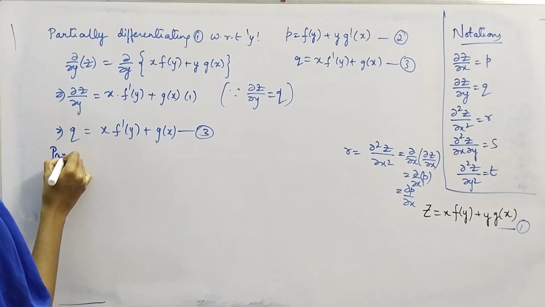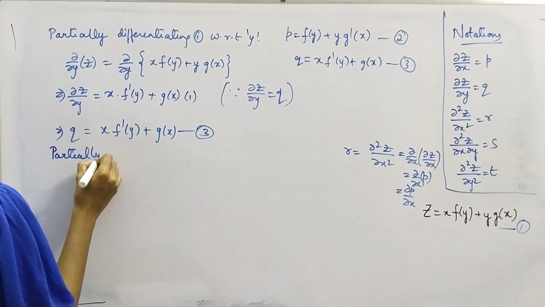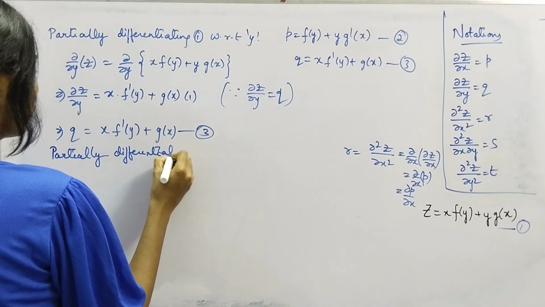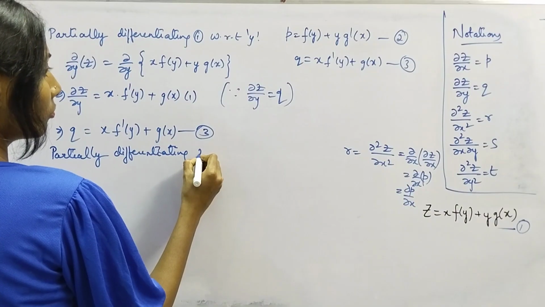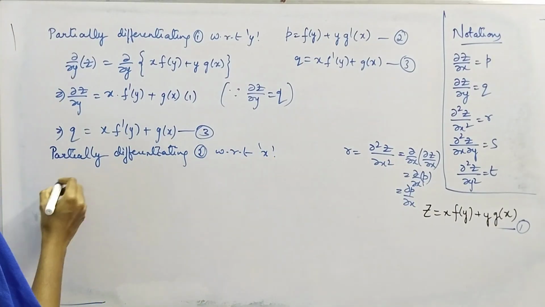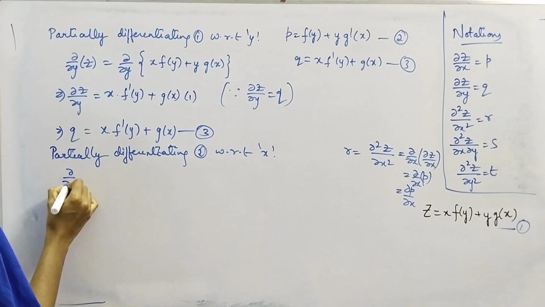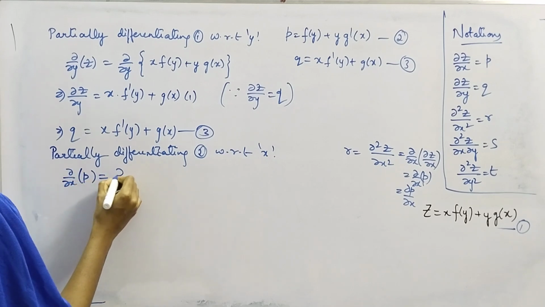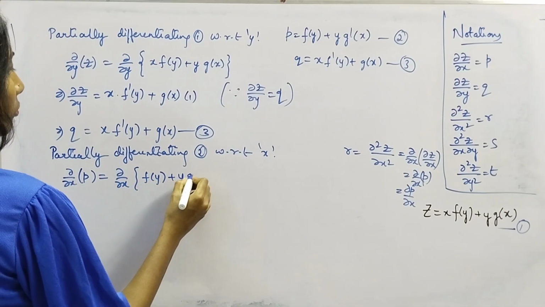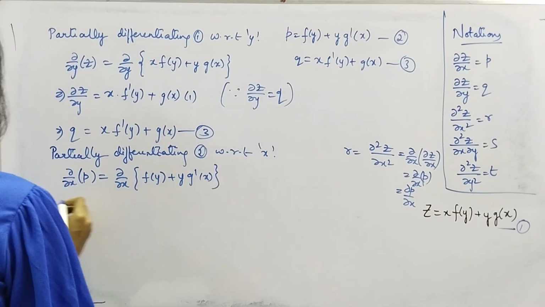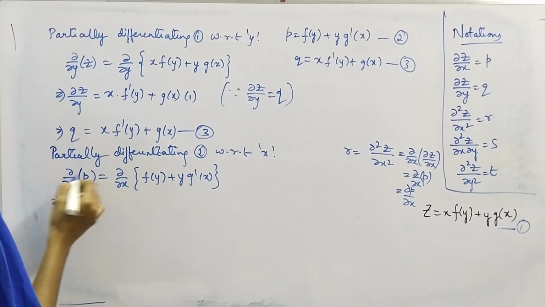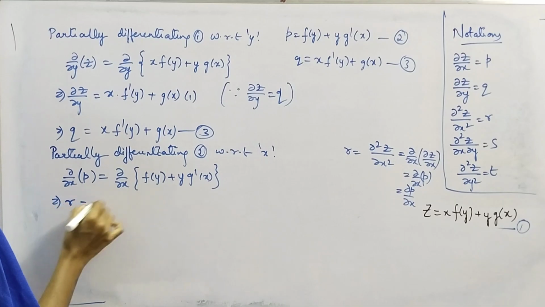Just apply dou by dou x on both sides of 2. Here p is nothing but dou z by dou x, so partial derivative of p with respect to x is itself r.